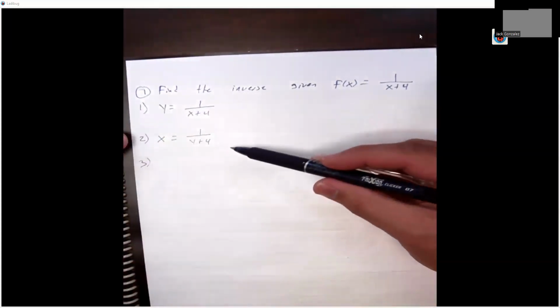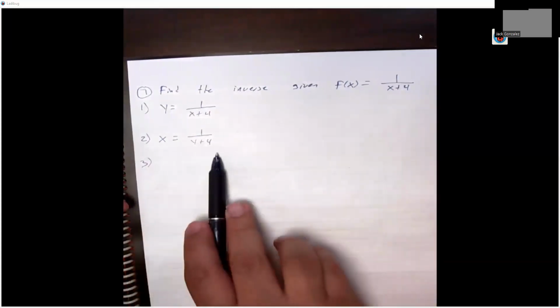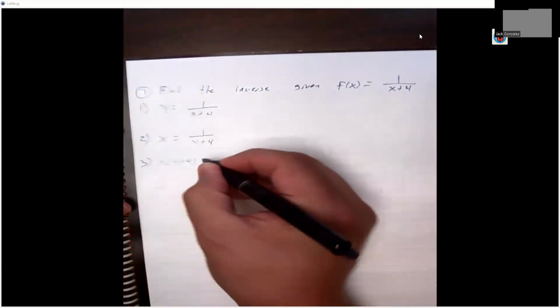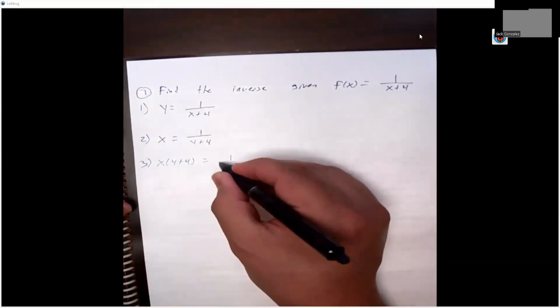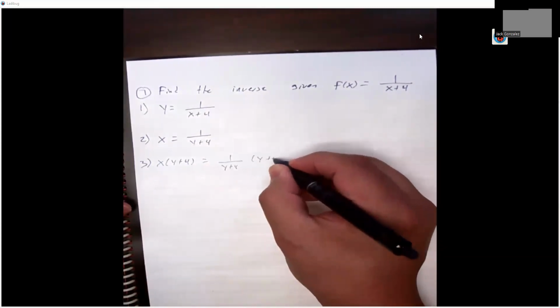So y is on the bottom, so we can multiply both sides by y plus 4. That'll get me to here. These will cancel. That'll get me to here.